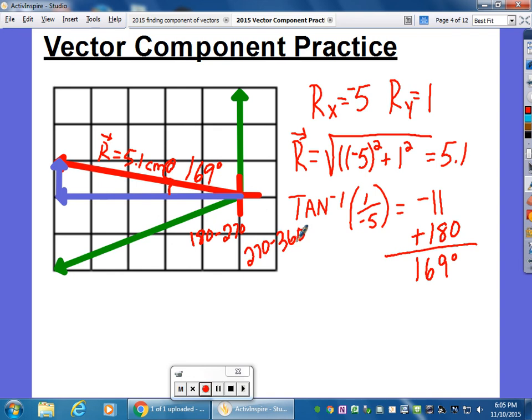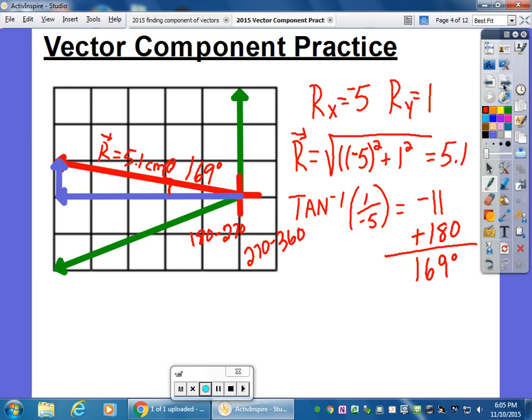So again, keeping in mind that you're solving for those interior angles, but what you want is everything to reference that 0 position. So you want it in terms of a 360 degree circle. So you will have to work with the quadrant system to determine what angle your vector actually is in reference to the 0 degree line.